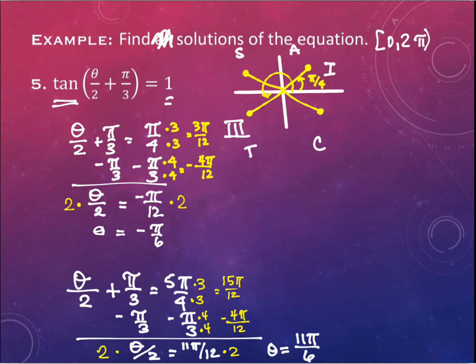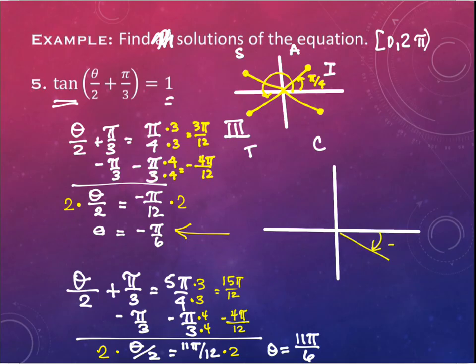Now pause for a minute to consider what this actually is if we were going the right direction instead of the wrong direction. If we went this way, we'd have negative pi over 6, right? It's the same spot.